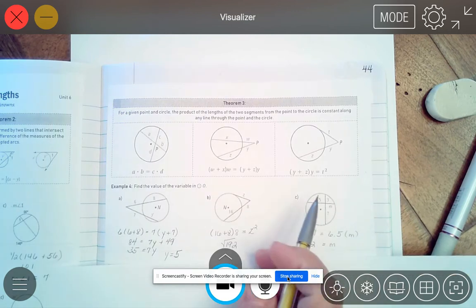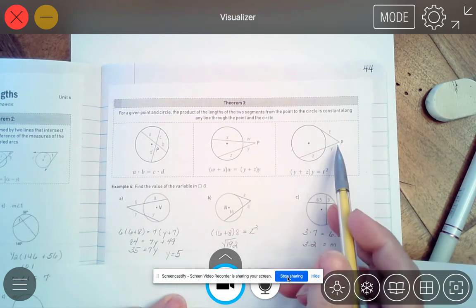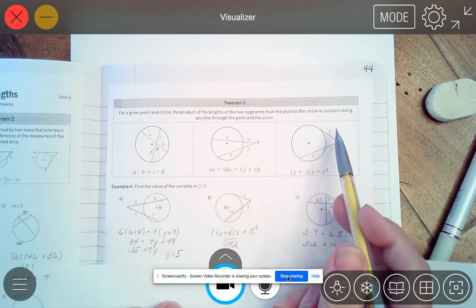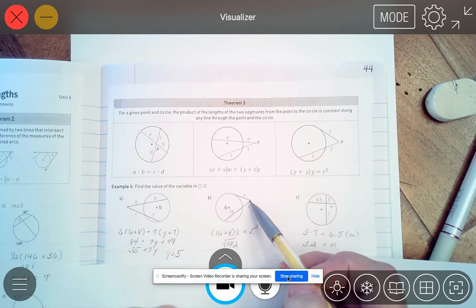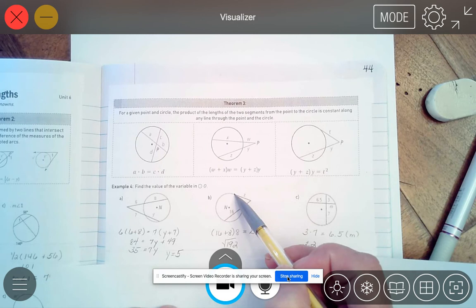Over here, I can do the same thing. I can use this illustration that we have up here, because this line is tangent, and then this one goes through and ends at the circle. Over here, I have a chord, this is my chord of 16 units, and then I have 8 units out here and Z units on this side.